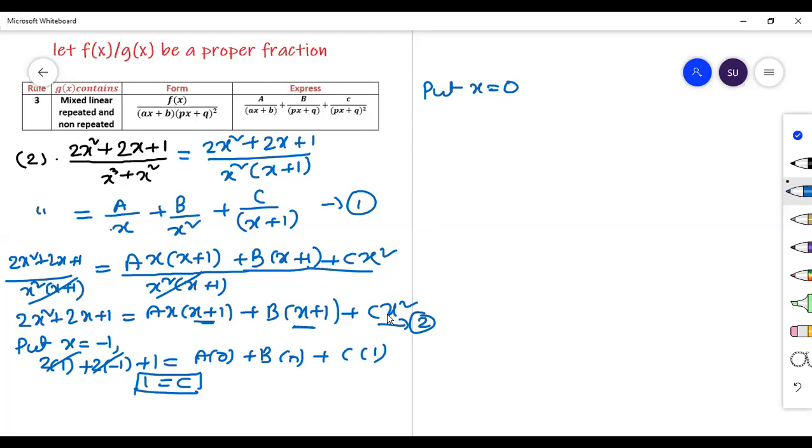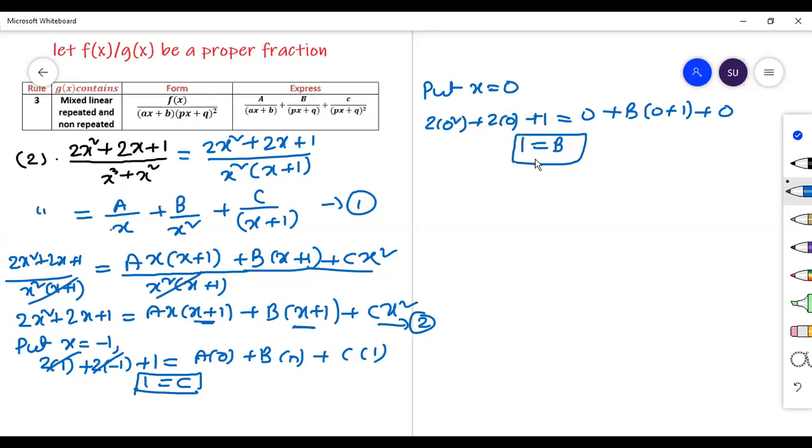Here C into 0 square is 0. So 2 into 0 square plus 2 into 0 plus 1 is equal to B into 0 plus 1 plus 0. Now the left hand side again, 1 is equal to B. So that means B is also 1.